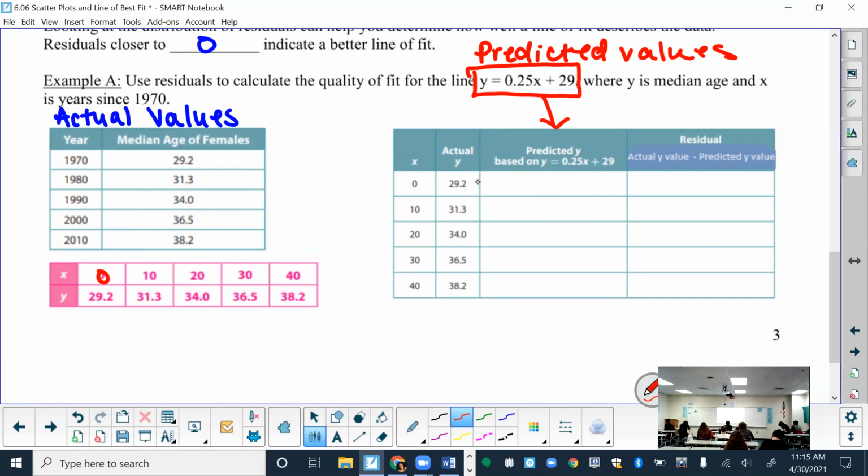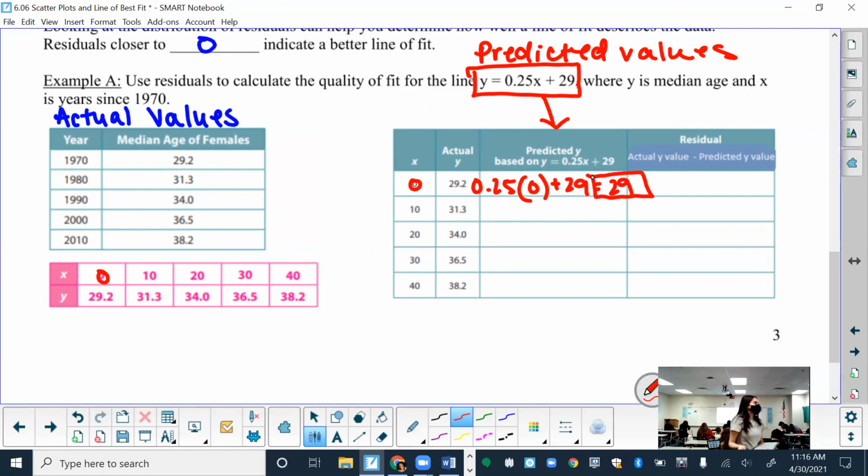We have the equation as 0.25 times our first x, which is 0, plus 29. So what is the first predicted y value? 29, right? Because 0.25 times 0 is 0, plus 29 is 29.